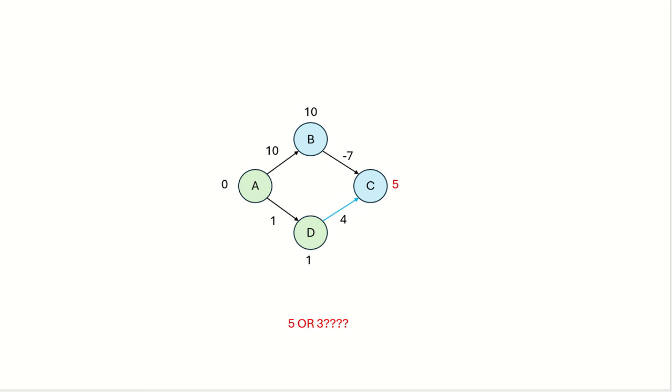So there is a possibility that our decision might change, or this value might change because of these negative weights. That is why Dijkstra's algorithm does not work well with negative weights in the graph.